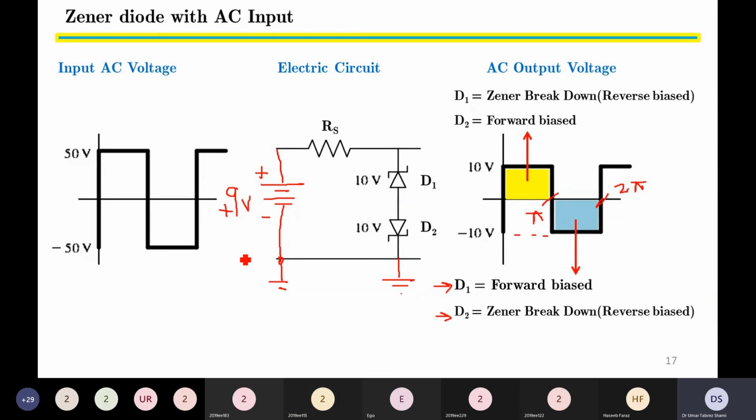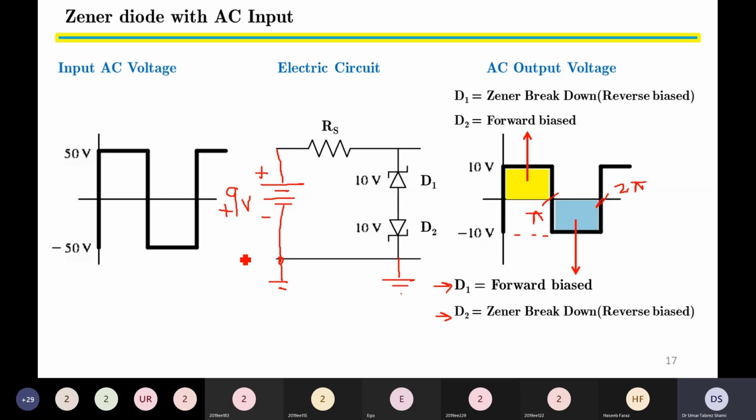The diode D1 has a Zener breakdown voltage of 10 volts and diode D2 has a breakdown voltage of also 10 volts. Both diodes D1 and D2 are reversely connected in polarity.